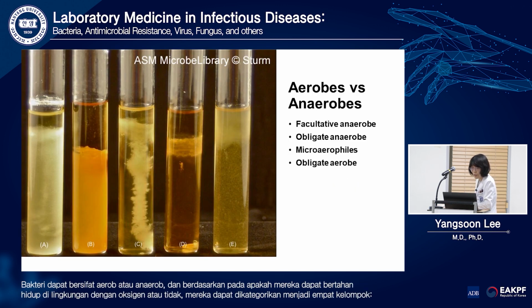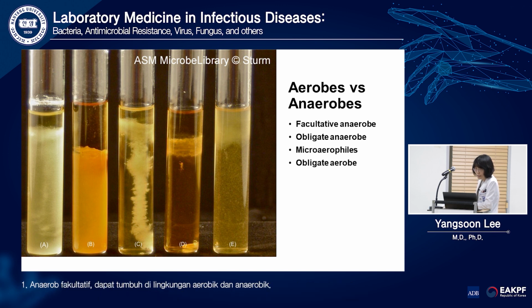Bacteria can be aerobic or anaerobic, and depending on whether they can survive in an environment with oxygen or not, they can be categorized into groups, A to E. Facultative anaerobes can grow in both aerobic and anaerobic environments. Obligate anaerobes cannot grow in the presence of oxygen. Only the presence of oxygen allows obligate aerobes to grow.